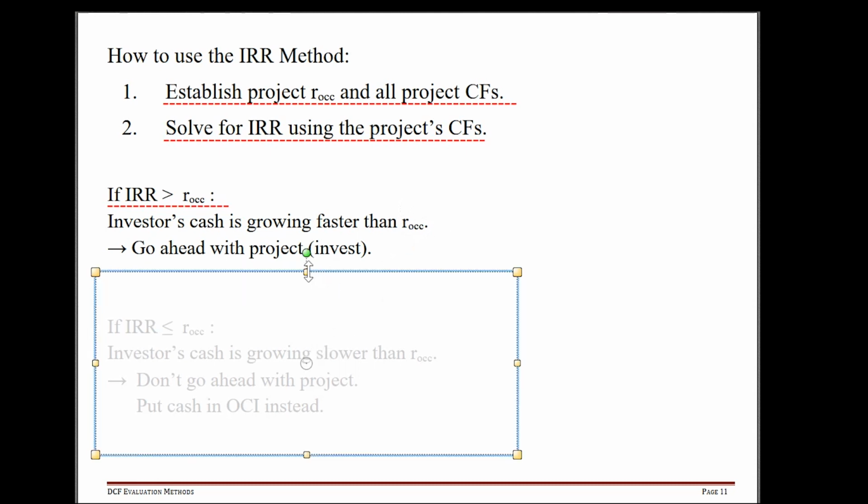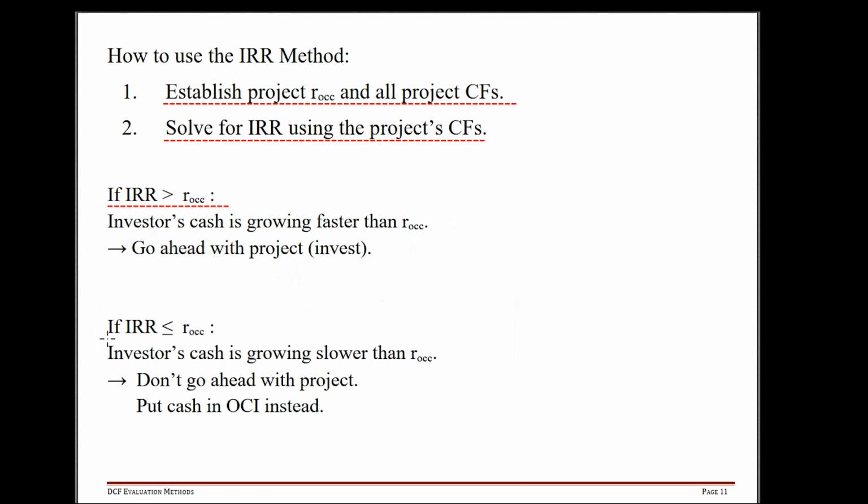On the other hand, if our internal rate of return is less than our opportunity cost of capital, what it means is that our cash would be growing in this project at a slower rate than it would be growing in our opportunity cost investment. So we don't want to go ahead. We'd want to put our cash into our opportunity cost investment instead.